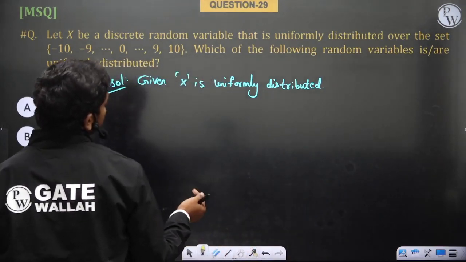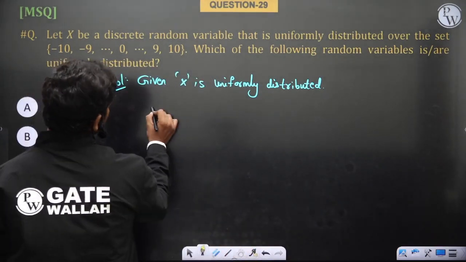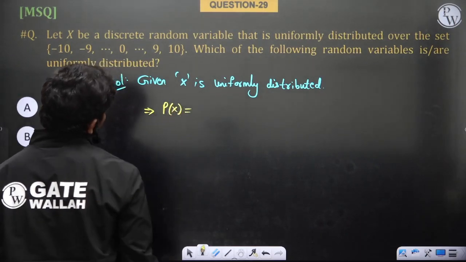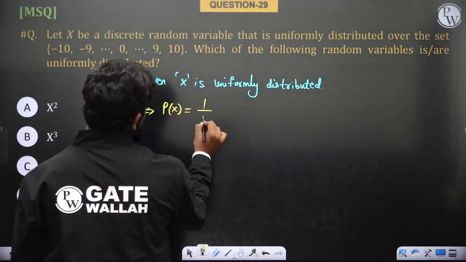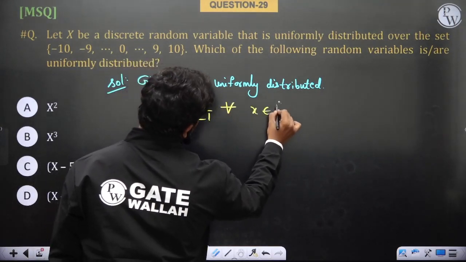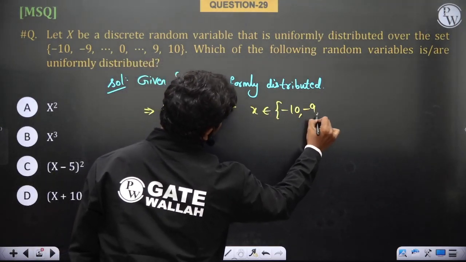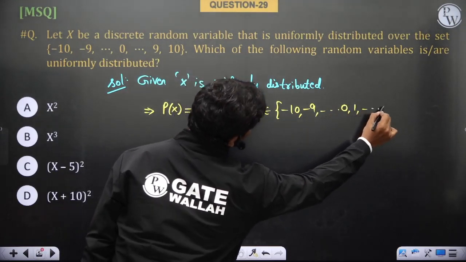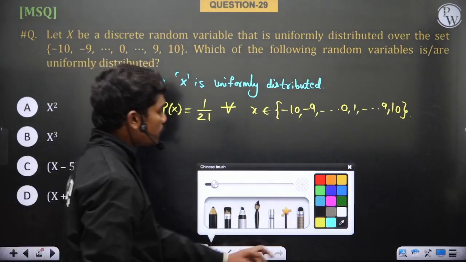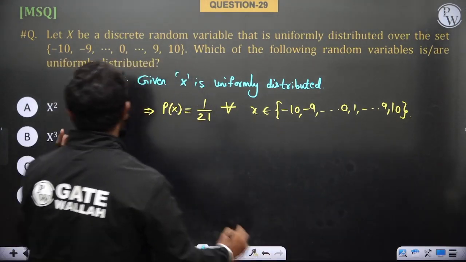This implies p of x is equal to 1 by 21, since there are 21 values in total, for all x belongs to -10, -9 and so on, 0, 1 and so on, 9, 10. So these are uniformly distributed. Good. Now let's check whether these things are uniformly distributed or not.